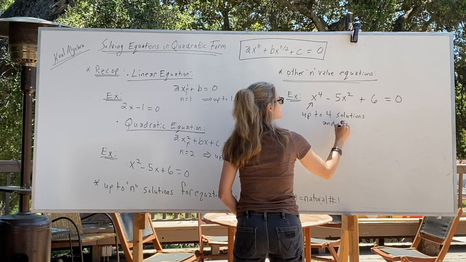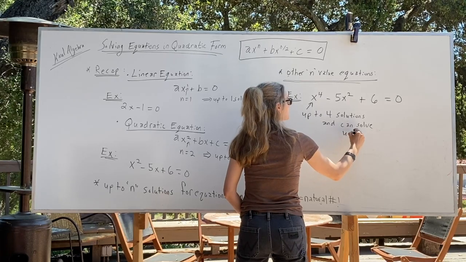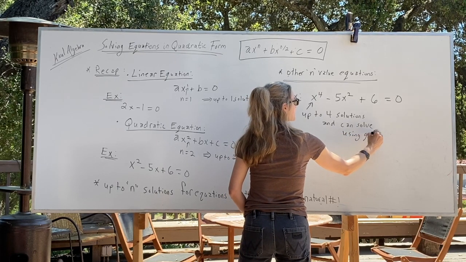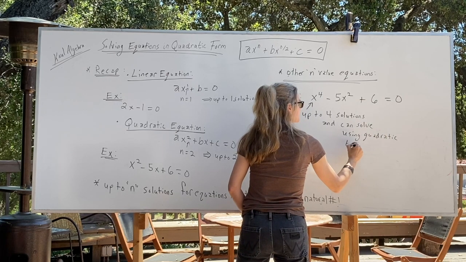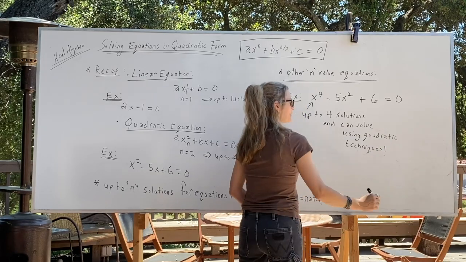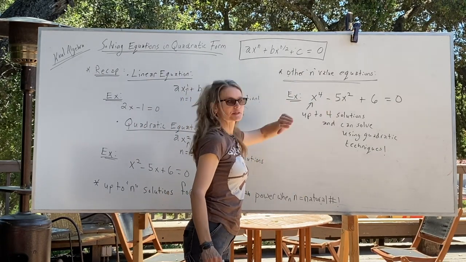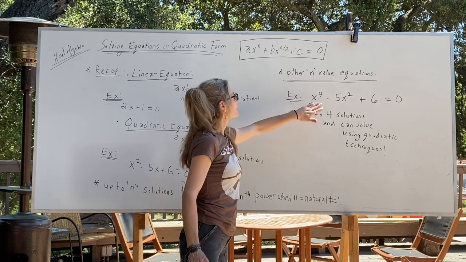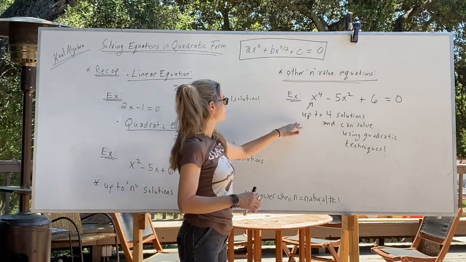And you can solve using quadratic techniques. Okay, so you could solve this as well. So here I could just go ahead and solve this by factoring, and the only problem is I have to then try to factor my factors and get solutions for those.